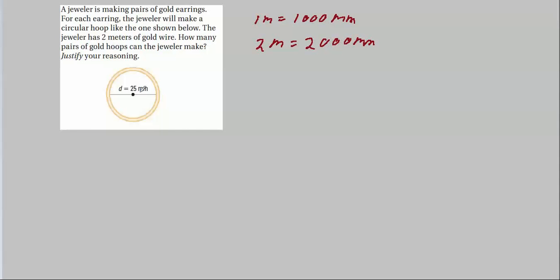What's the circumference? It's pi times d, or 2 pi r, but in this case they gave us d. Why divide by 2 and then multiply by 2 again? It wouldn't make any sense. So we have 3.14 times 25. And my calculator says that's 78.5.